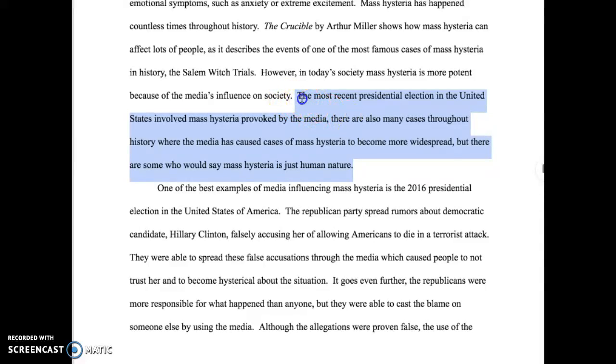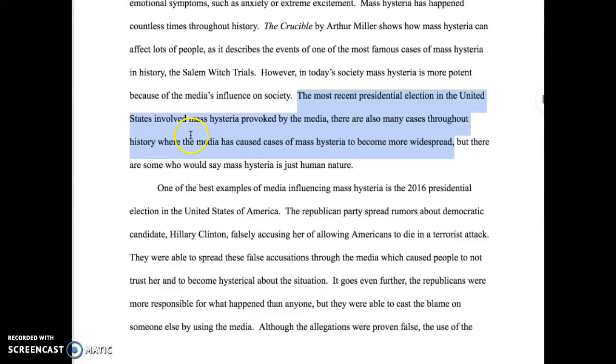Good. And then right here, even though you have this conjunction with but and you've got the correct punctuation, this right here, if you use the word and, it would be a comma rule with a series of a list. But: the most recent presidential election in the United States involved mass hysteria provoked by the media. That's one whole sentence, comma.